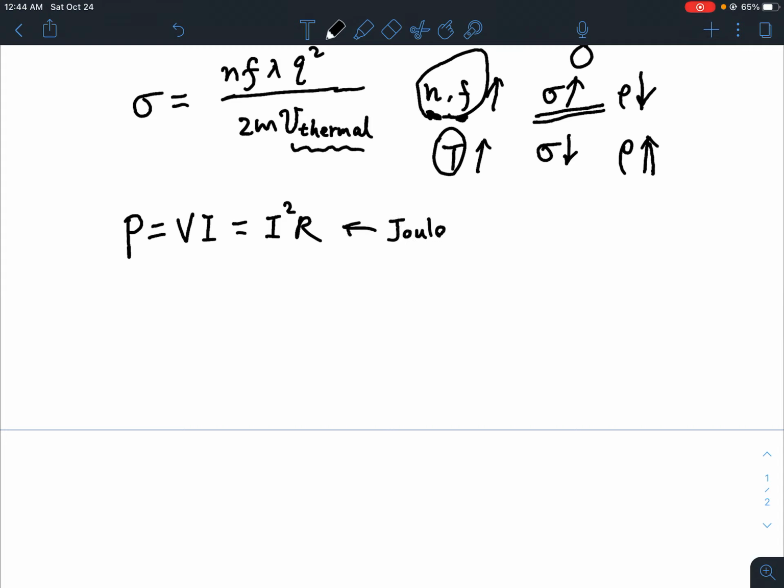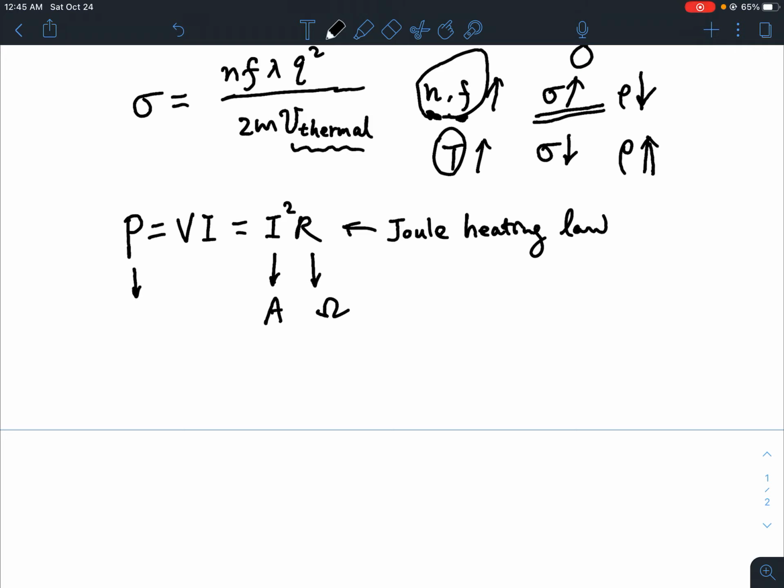This is the Joule heating law, where I is the current, with a unit of ampere, and R, I forgot to say, has a unit of ohm, which is defined as one volt divided by ampere.